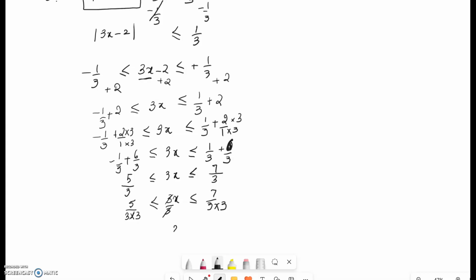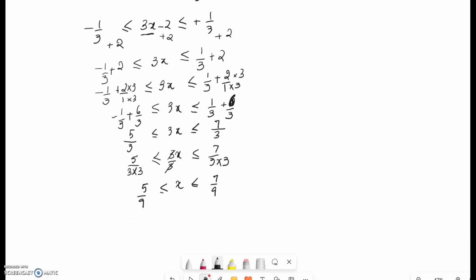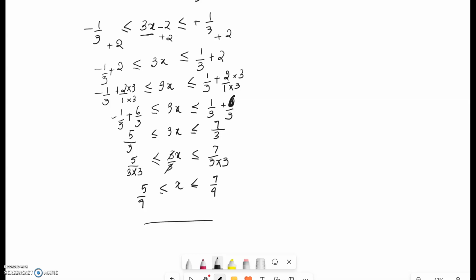Finally, we have x in the middle, 5/9 less than or equal to x less than or equal to 7/9. 5/9 is less than 7/9. And if you had to graph this, let's say that's 5/9.